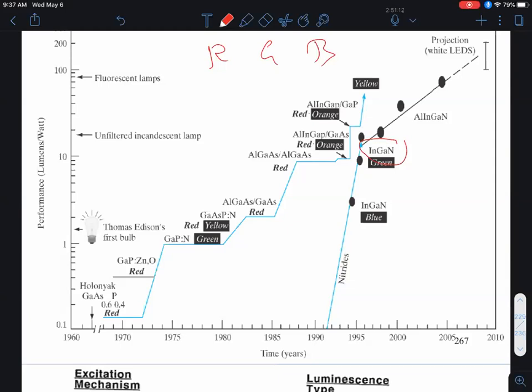Now, in practice, they don't really quite last as long because the LED itself survives, but the electrical connections tend to fail in some cases. So they're not quite as good as 100,000 hours, but still much, much more reliable. They have much longer lifetimes than old tungsten halogen light bulbs.